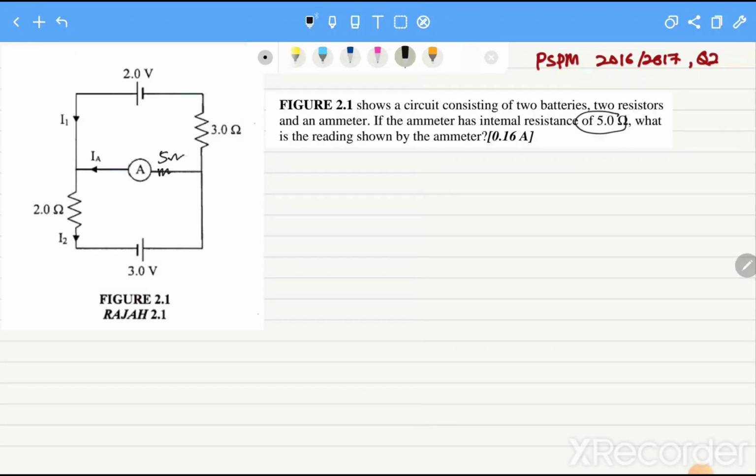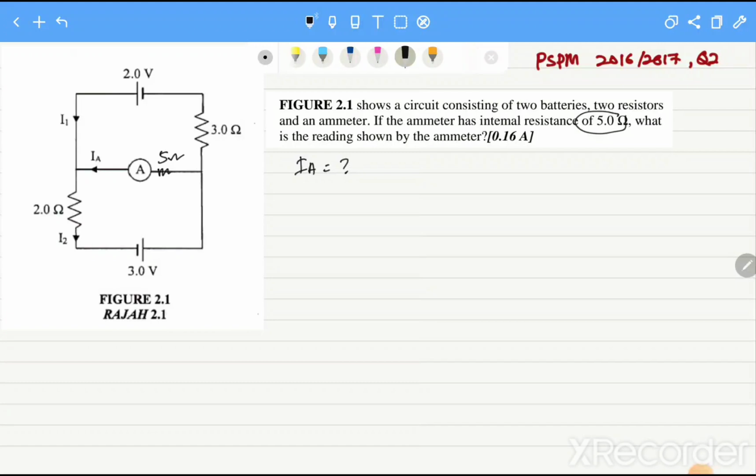The question asks what is the reading shown by the ammeter. Notice that the current that flows through the ammeter is current IA. So we need to find IA.